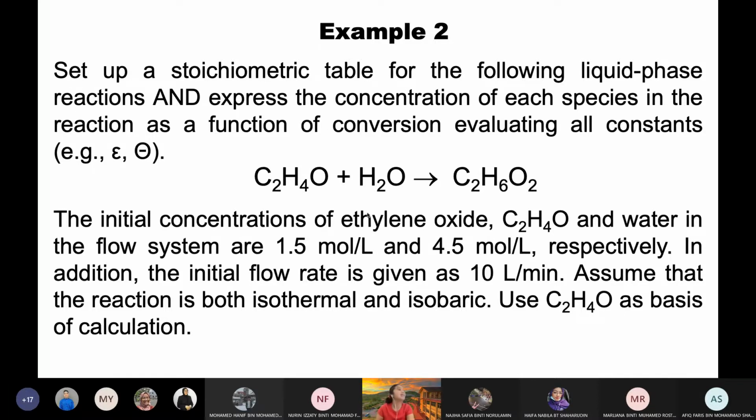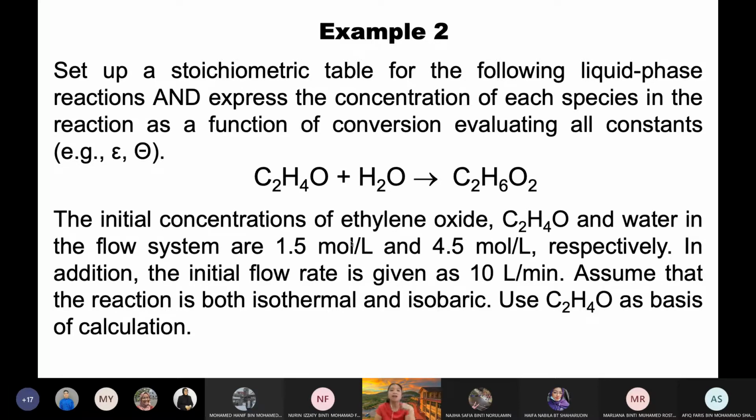Okay, next. Initial concentration of ethylene oxide. Ethylene oxide is your A. C2H4O adalah your A, and water is your B. So dia beri kita initial concentration of A, initial concentration of B, which is 1.5, 4.5. Okay, so dia beritahu concentration, kamu ada dua reactant.